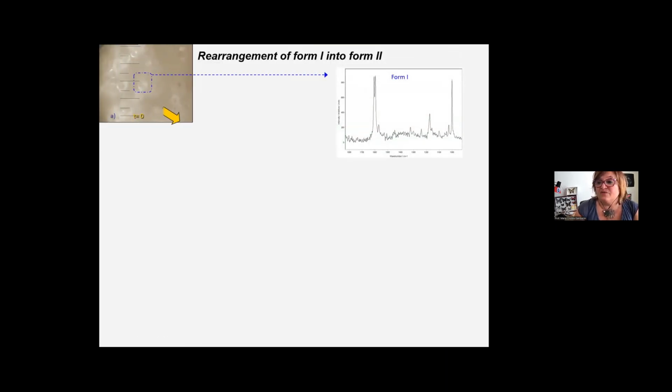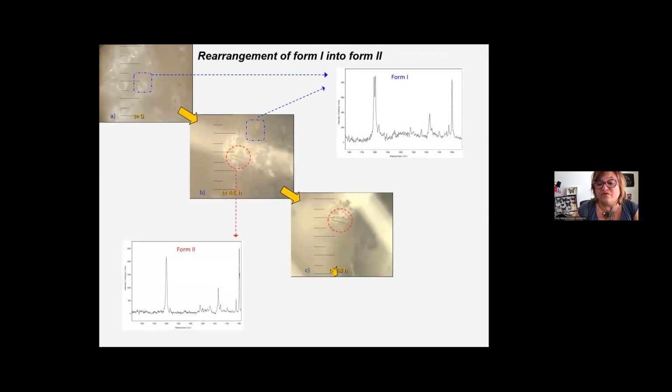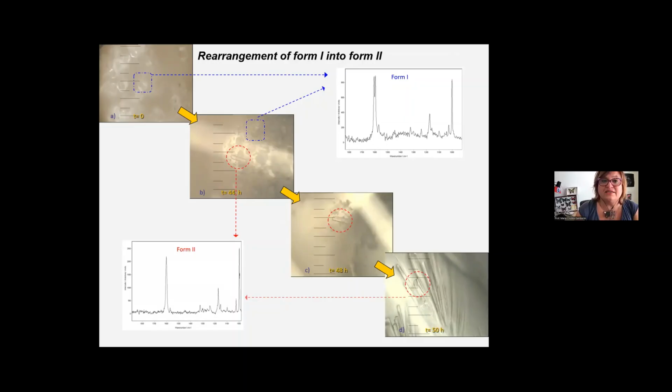What we have studied, we're studying inside a capillary melting point fusion, and it's possible to study inside the water. It's possible to study decomposition inside solvents, and we study through the capillary. At the beginning, at time 0, it was form 1, and then after 44 hours, it was form 2.